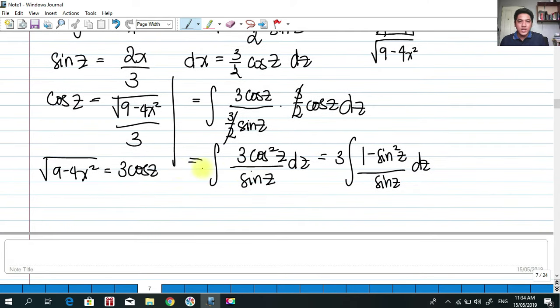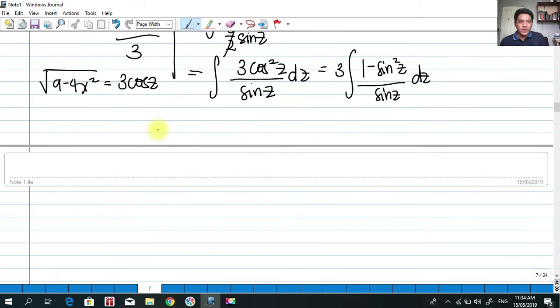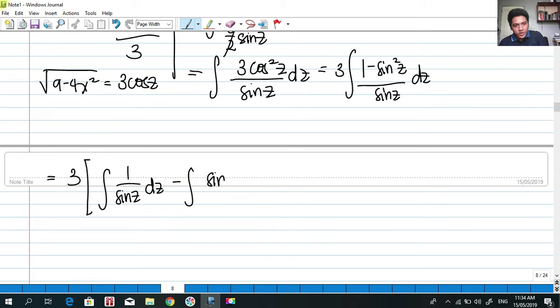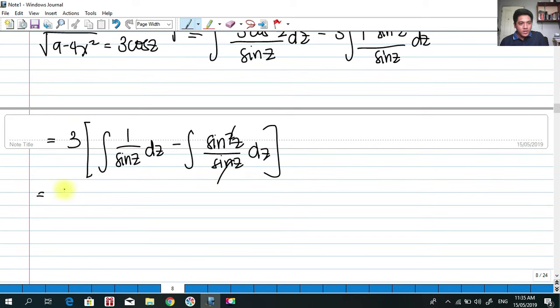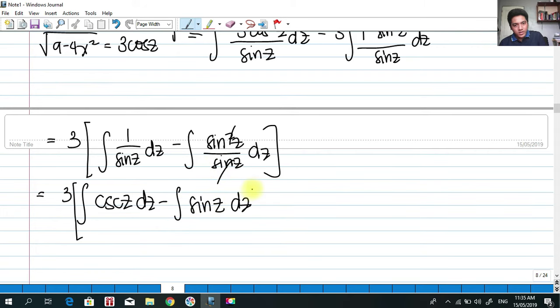And we can separate the integral here. So we have 3 multiplied by the integral of 1 over sine of z dz minus the integral of sine squared z over sine of z dz. So as you can see, sine squared will be cancelled by the sine on the denominator. So we have now 3 integral of 1 over sine, which is equal to cosecant z dz, minus the integral of sine z dz.